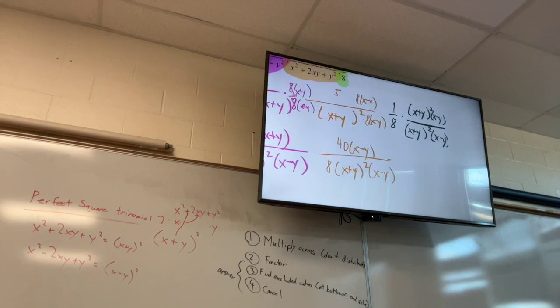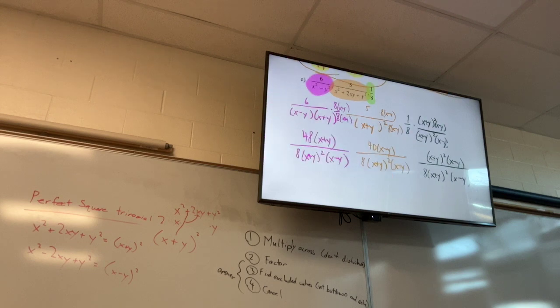Okay, so that green fraction becomes... Now look, it's a big denominator, but they're all the same finally. All the denominators are the same, so that's our answer. Hey, you guys feel okay about that?